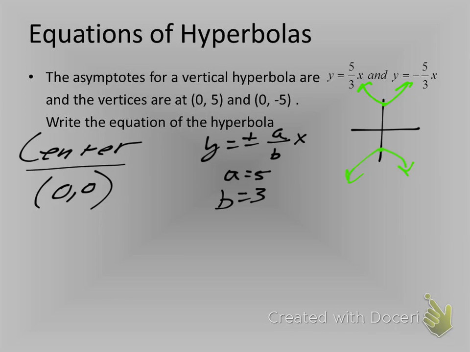Isn't one negative though? No. So you got everything you need. Oriented how? Vertically, so what gets the bigger number? The y. Okay, so y squared over 25 minus x squared over 9 equals 1.